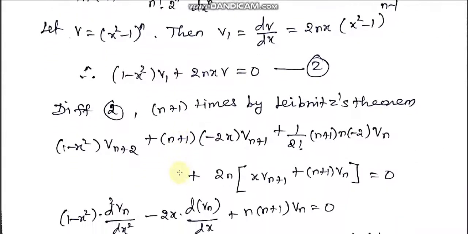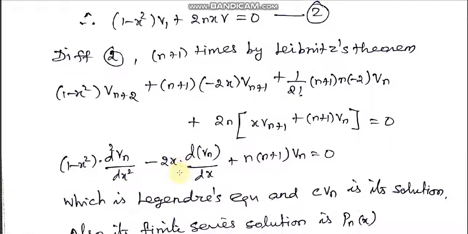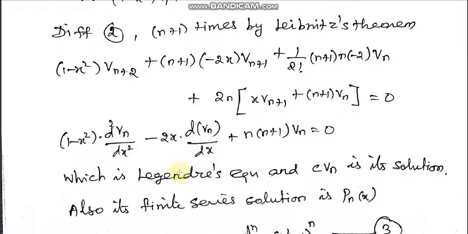Now differentiating equation 2 n plus 1 times by Leibniz's theorem, we find this equation. On rewriting vn plus 2 as d square vn by dx square and vn plus 1 as dvn by dx, we can find this equation.